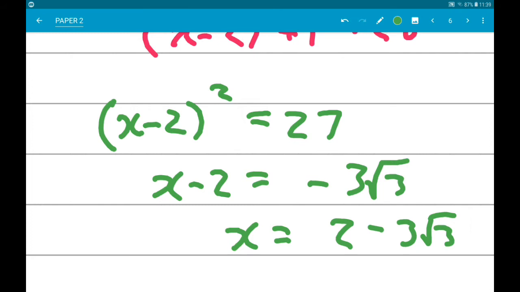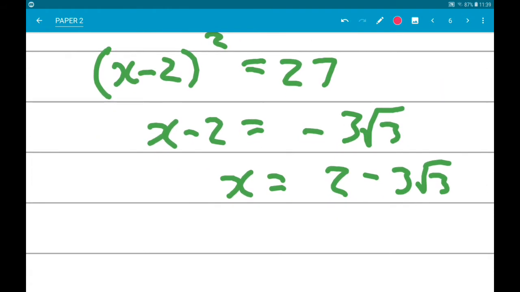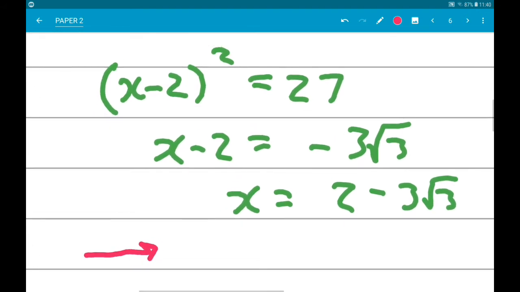So, that tells us then that x is less than 2 minus 3 root 3.